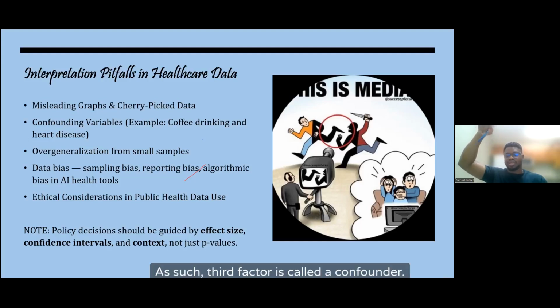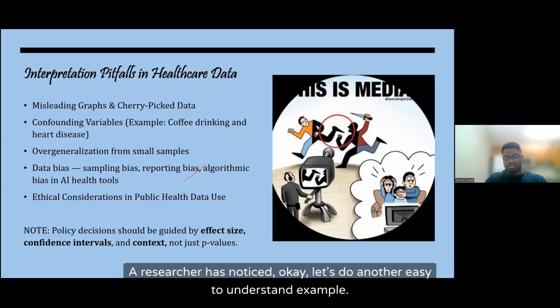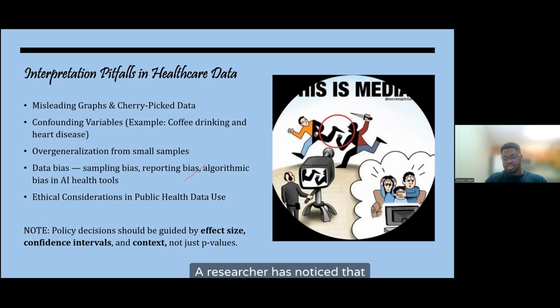As such, that third factor is called a confounder. The example I used earlier, I don't know if you got it. Let's do another easy to understand example. A researcher has noticed, I think I saw this research while I was a student in Hopkins, that whenever it rains, there is high crime.